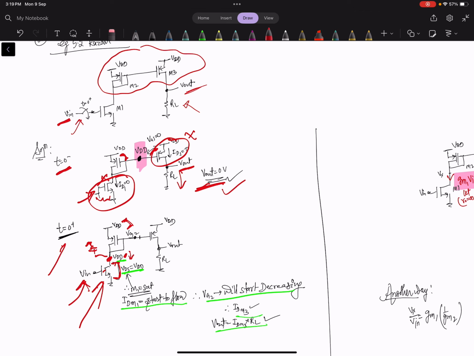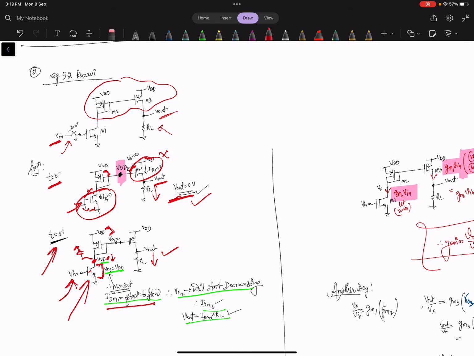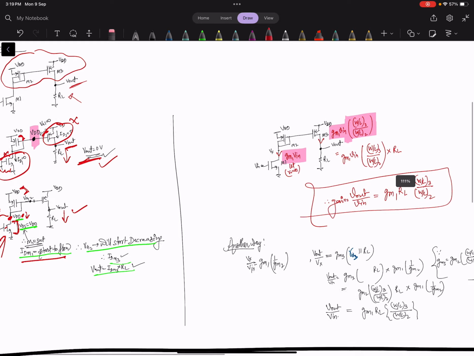At t equal to 0 positive there is a start of current flow, there will be some drop in VDD, V out will increase to some value, slowly it will be greater than 0 and it will start working. Now let's go to the circuit.